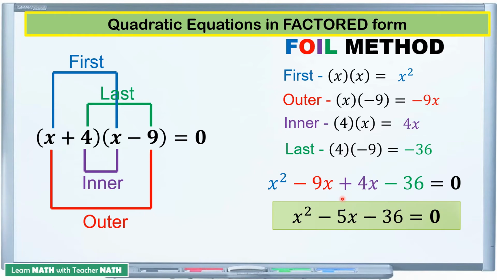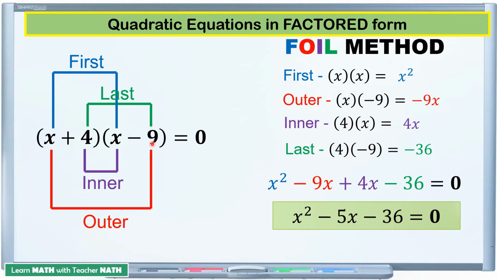So we have negative 9x and plus 4x that will be resolved to negative 5x. And x squared will be copied as well as negative 36 and equal to 0. So the final answer will be x squared minus 5x minus 36 is equal to 0.